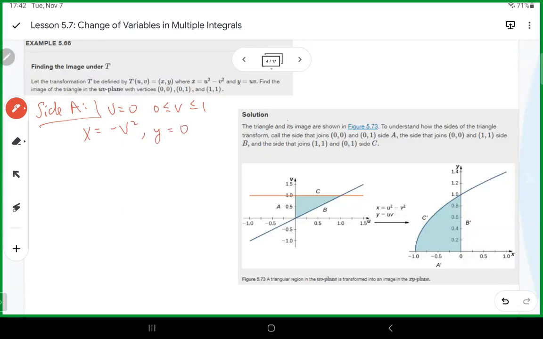So this is the side where A prime joins (negative 1, 0) and (0, 0). Sorry, that's a negative 1.